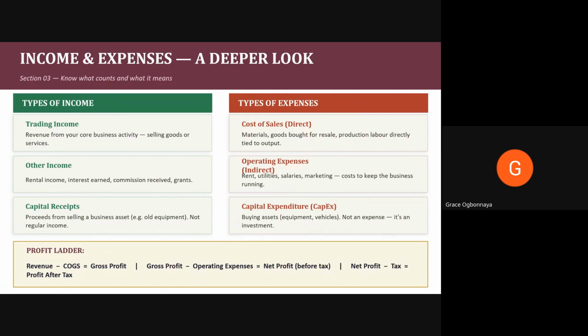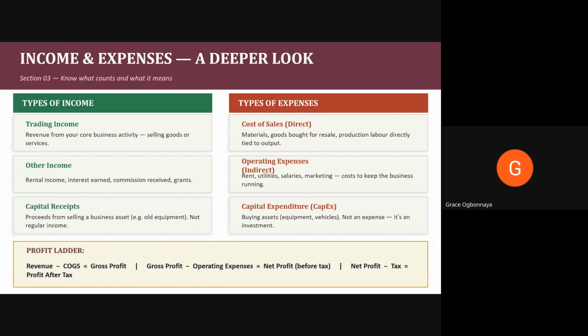Now, other income. From my sales, I'm able to invest some money that I realized. I'm able to buy shares, or do mutual funds, or build something and people pay rent. That is rental income, which is other income.